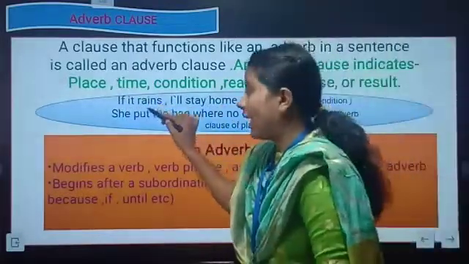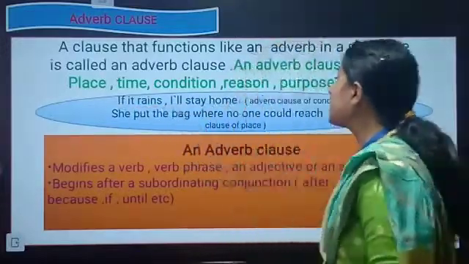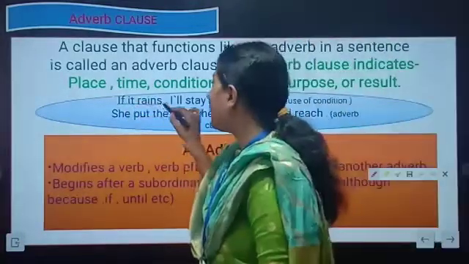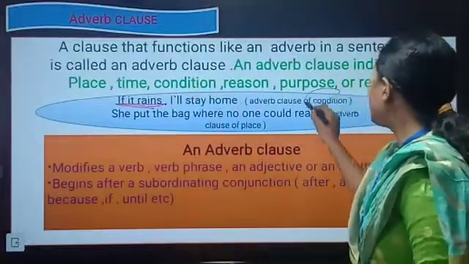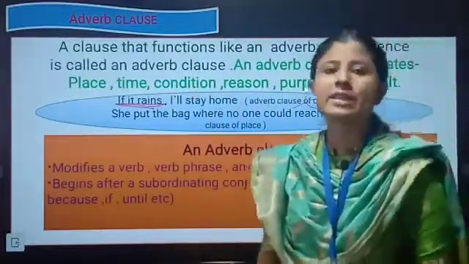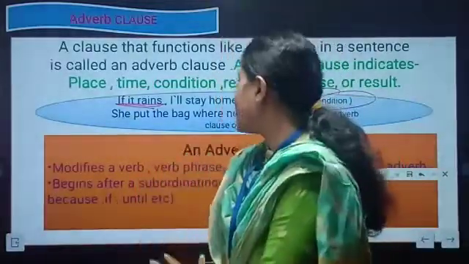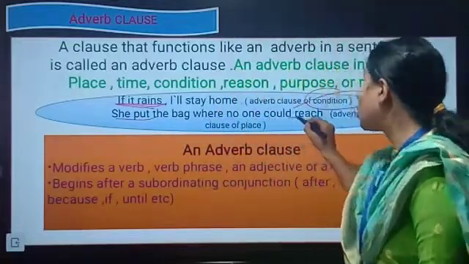If it rains, I will stay home. So you can see that this is the condition, that if it rains, this is the condition. So we can say that it is the adverb clause of condition. Second, she put the bag where no one could reach.